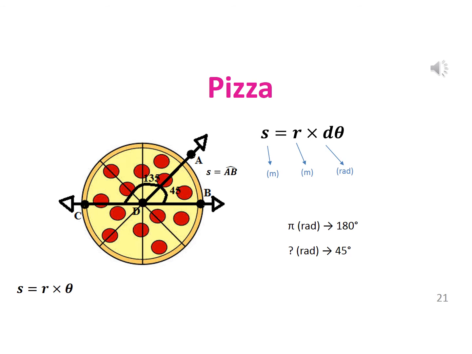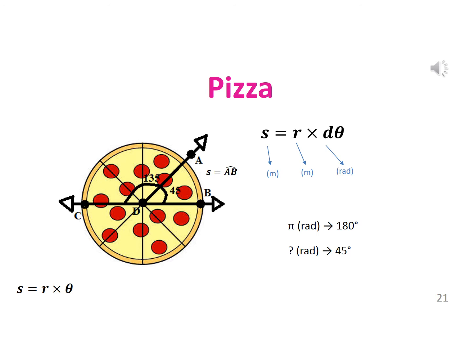So assume you have an ant, or any particle, moving from A to B, and the distance is S. It is proportional to the radius and to the angle theta, where the units are meters for S and R, and the angle theta is in radians.